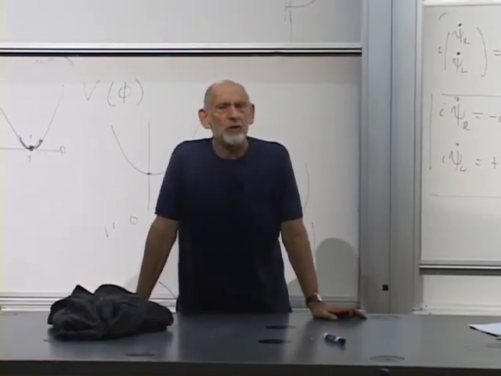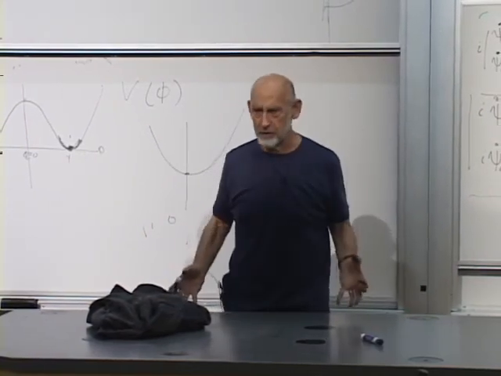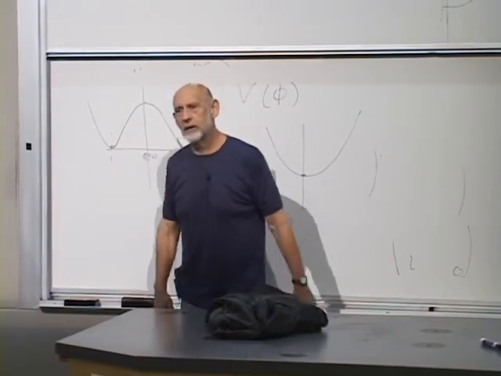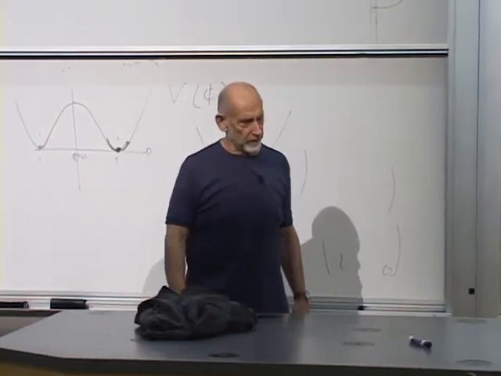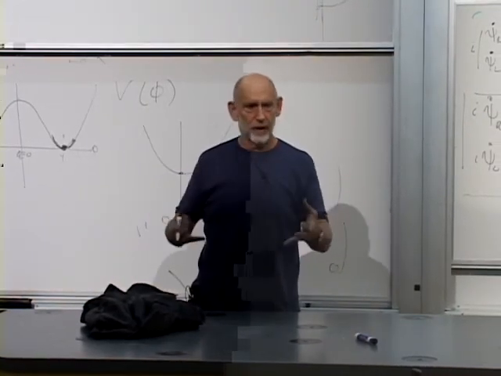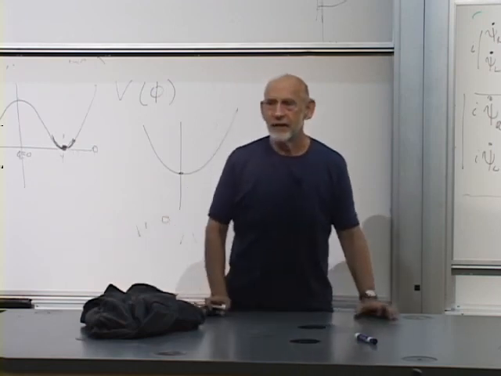All right, now this takes huge amounts of energy. To create a region of space and to hold it there where the Higgs field is up here would require an enormous amount of energy, so much energy that if you tried to make that region big enough to do an experiment in, it would create a black hole.